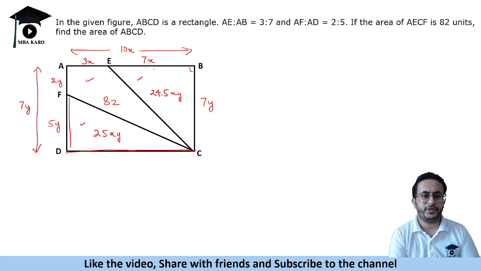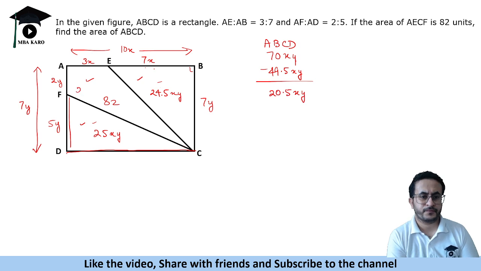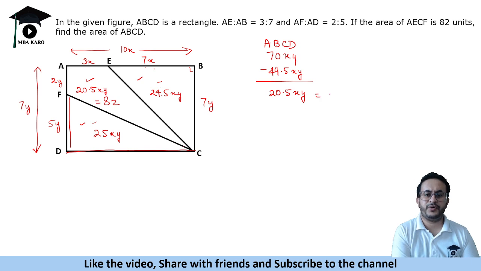Now if you look at it, the total area of the complete ABCD is 70 xy. Now we will subtract these two, minus 49.5 xy, so we will get 20.5 xy. That is equal to 82. So this gives us xy is equal to 4.